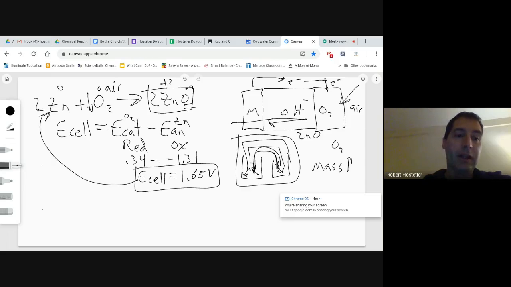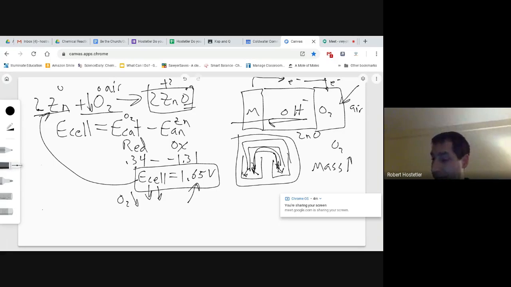And anytime you lower the reactants' concentrations, then you're going to slow down the overall reaction, and so you're going to make less products. And since this voltage is a product, then we know that the E of the cell will go down as the oxygen concentration goes down.